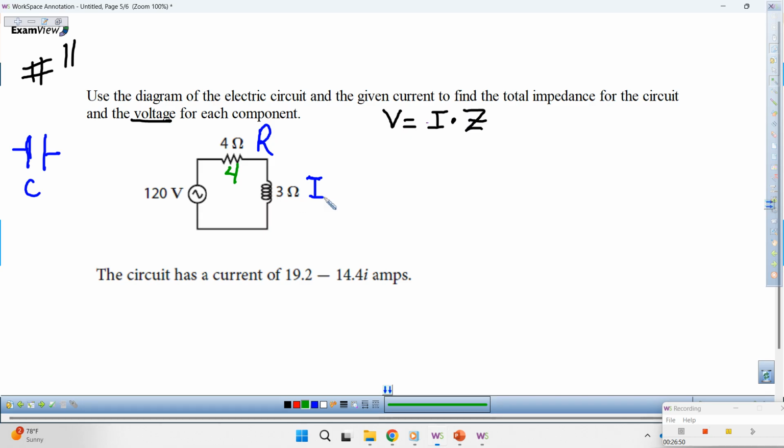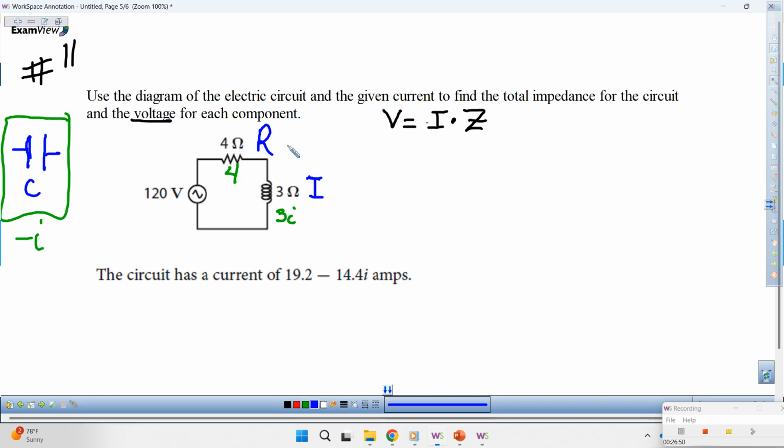This is 3 ohms for the inductor, so that turns into 3I. That is correct. And just make a note over here: the capacitor is the one that's a negative I. If it's in the diagram, just remember that becomes a negative I.